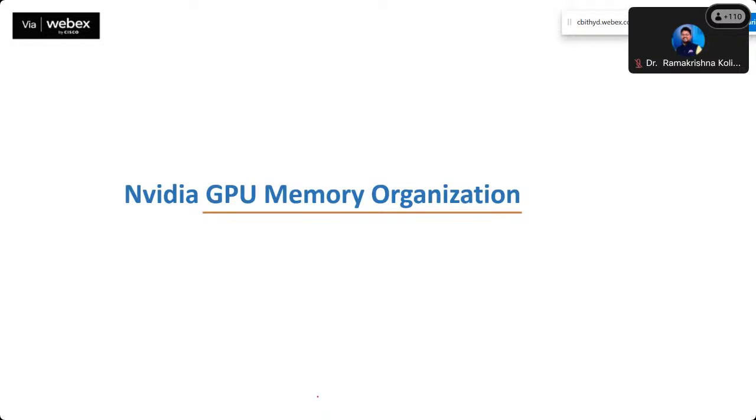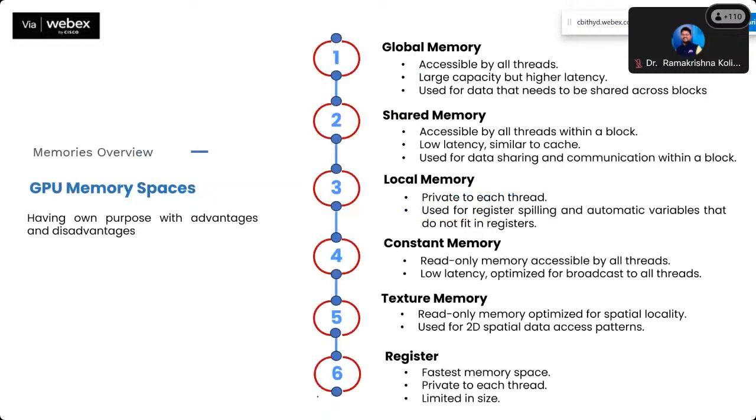Now I will discuss memory organization. In any GPU, the following memories are available. You can see the global memory, shared memory, local memory, constant memory, texture memory, and registers. These memories are available in any GPU.